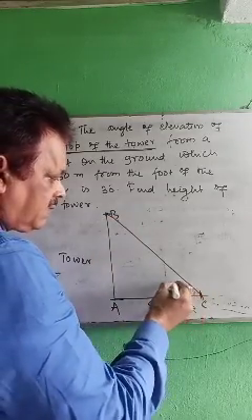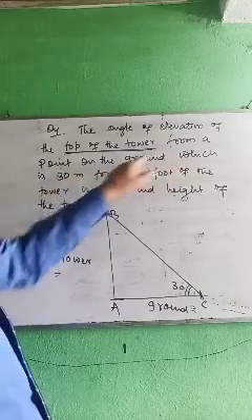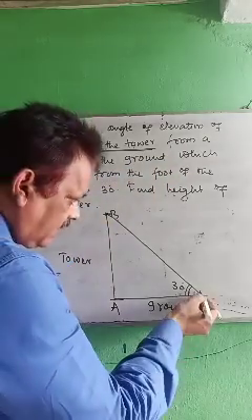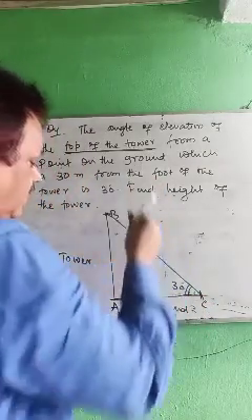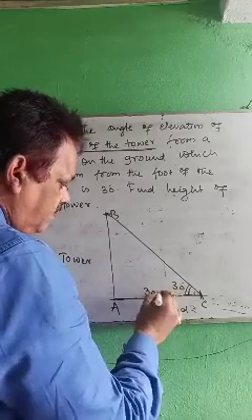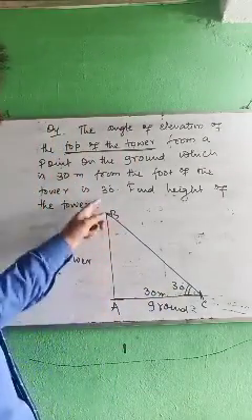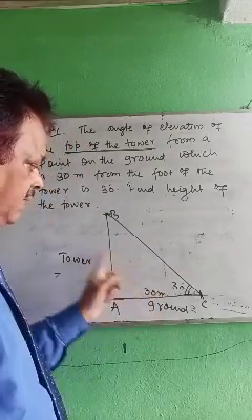This angle is given as 30 degree, and the point is 30 meter from the foot of the tower. Then what is the height of the tower? Means this one.